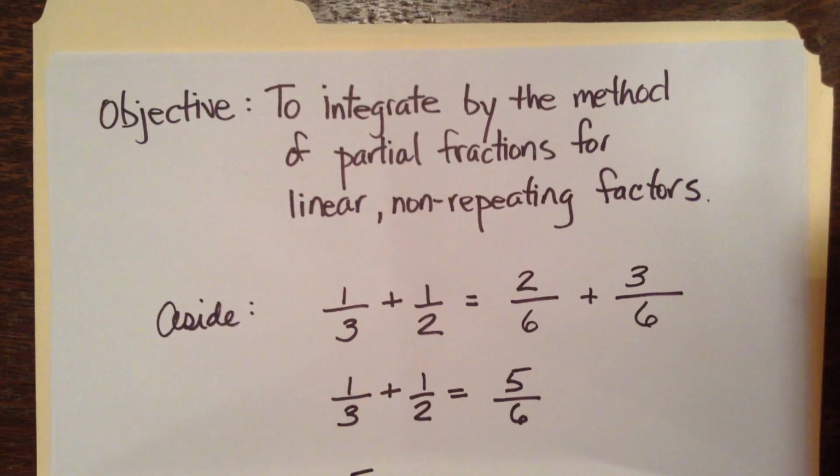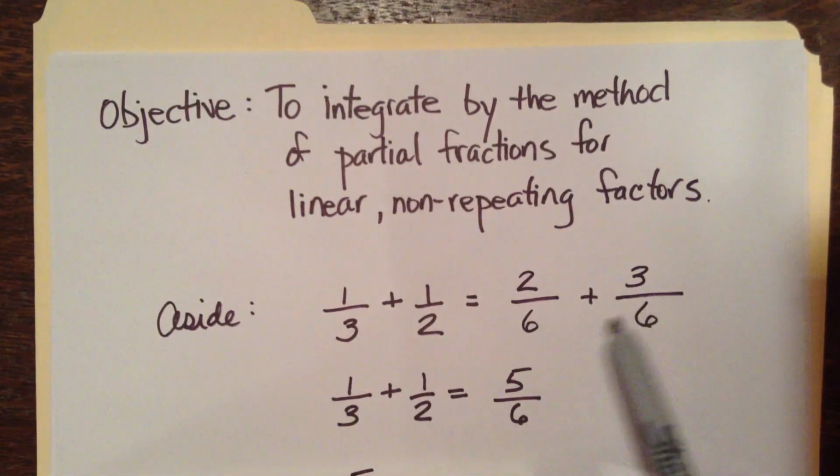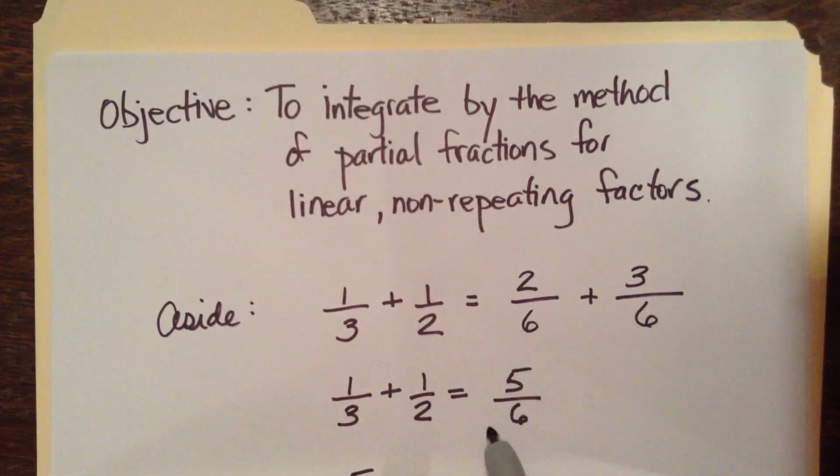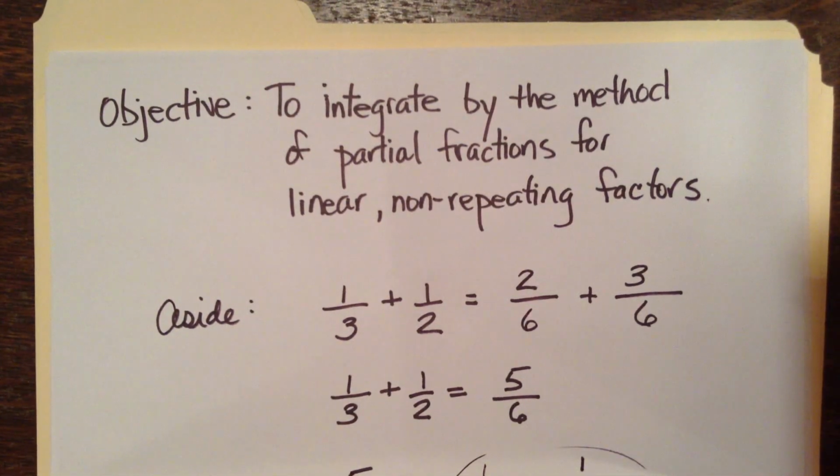In this case, you could say 1/6 and 4/6. Or you could say 2/6 and 3/6, as we say up here, 2/6 and 3/6. But these can be reduced to 1/3 and 1/2. And the idea is to try to figure out these two given this. So this is the direction that we're going to go in.